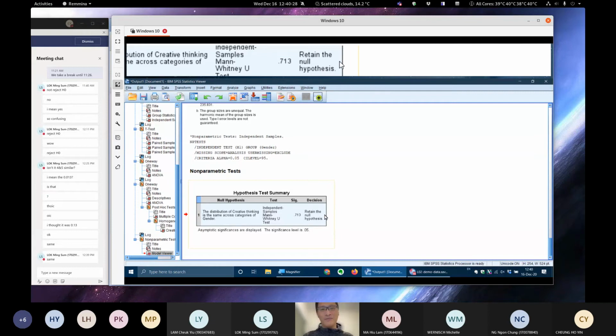You don't even have to check the decision tree, because it already tells you the decision. So that's why many students, although the non-parametric test is quite complicated conceptually, like to use it in their data analysis, because this procedure here is really convenient.